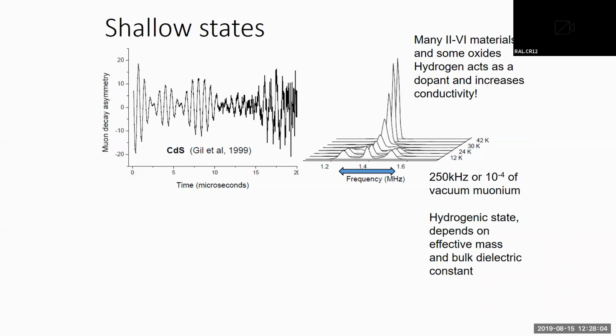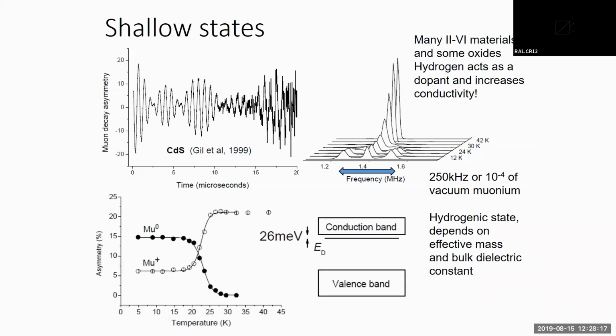You can actually calculate what this should be based on the dielectric constant of the semiconductor and the effective mass of the electrons. If you follow the ionization, you can see a binding energy of 26 millielectron volts.